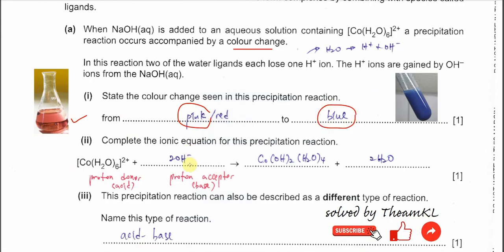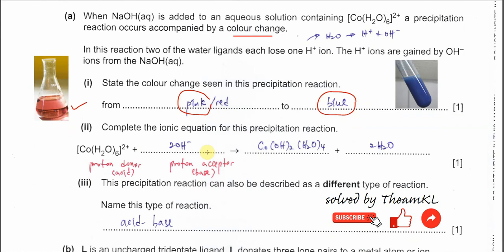Okay, part 2 asks you to complete the ionic equation for this precipitation. Because it's telling you hydroxide is added, you need to put hydroxide reacting with this hexaaqua cobalt(II) ion to form the precipitate.